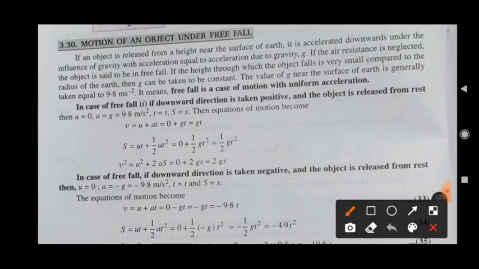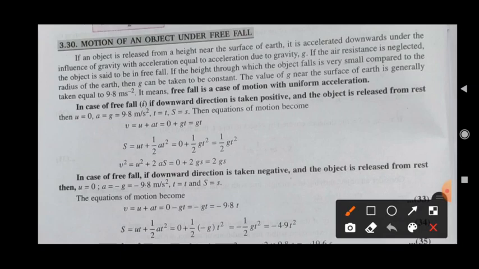Here, if the height through which the object falls is very small compared to the radius of the earth, then g can be taken as constant, because g varies with height, but whenever the height is very small in comparison to the radius of the earth, then it can be taken as constant.